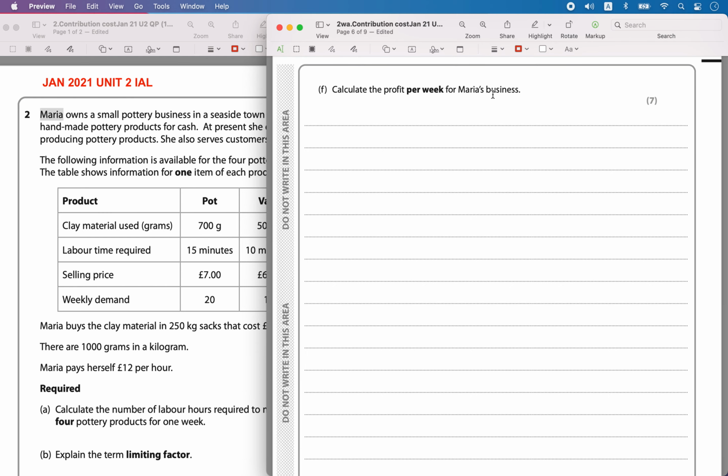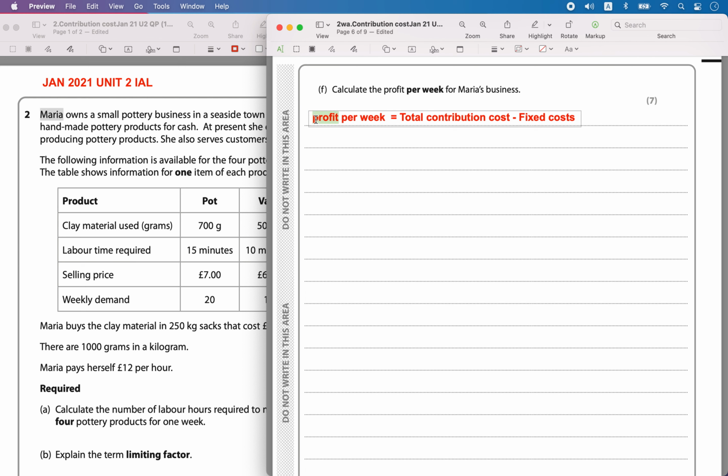The next one is to calculate the profit per week for Maria's business. What is the profit she will get? To calculate the profit per week, we will calculate the total contribution minus fixed cost.